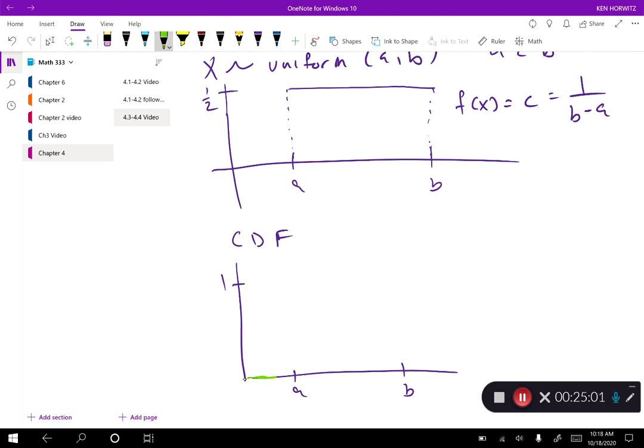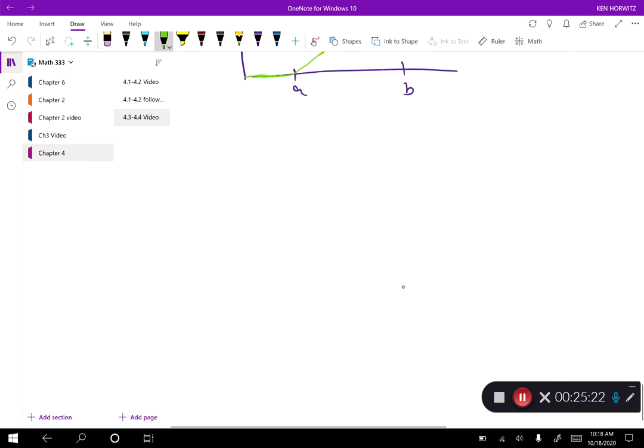It would be 0 all the way until we got to A, and then it would be a steady rise until we got to B, which ended at 1. And then it would level off because it would stay at 1. All right, so our CDF, let me change back.